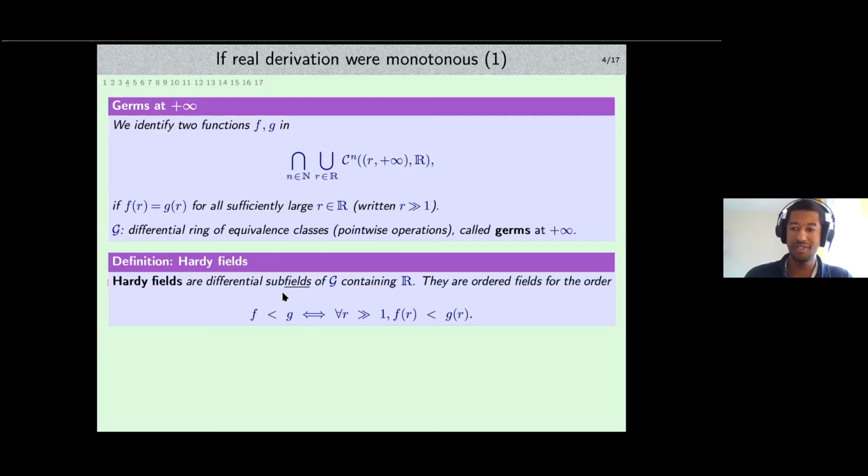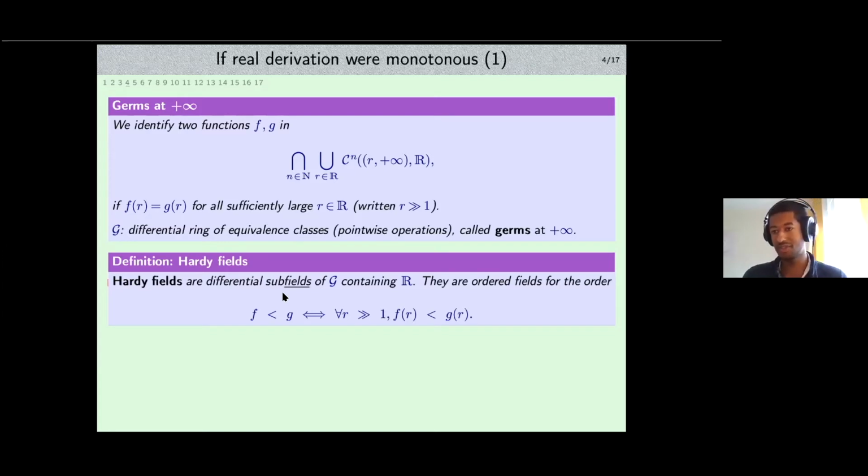For germs, it means that they cannot have cofinally many zeros. So there must be some neighborhood of plus infinity where they have no zero, and since they are differentiable, they are continuous. So if they don't cancel themselves, then they can't switch signs.